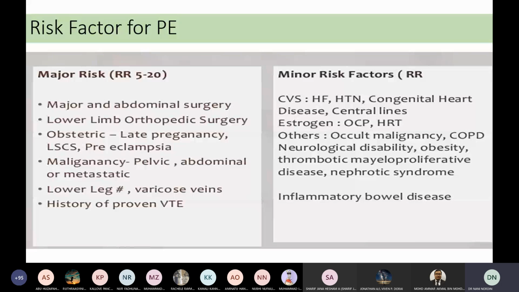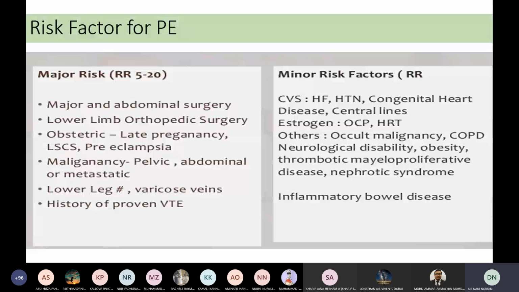Obstetric: we know a pregnant lady is in a hypercoagulable state, especially if they undergo surgery, for example cesarean section. LSCS is a lower segment cesarean section. Or preeclampsia, so they tend to have a higher risk of PE.